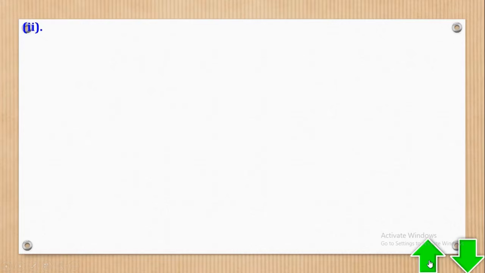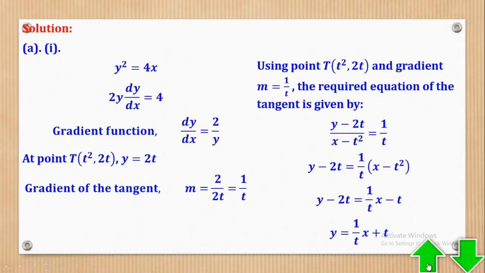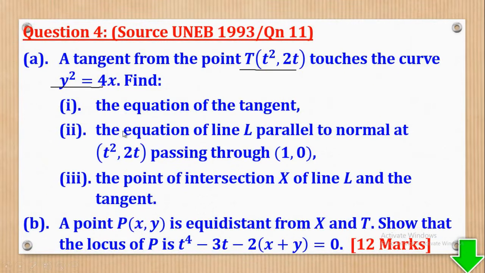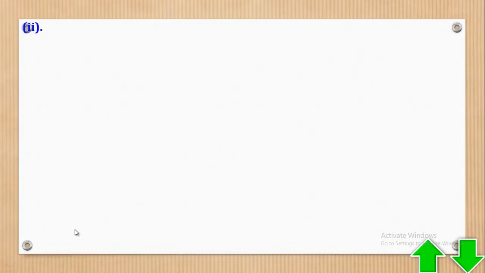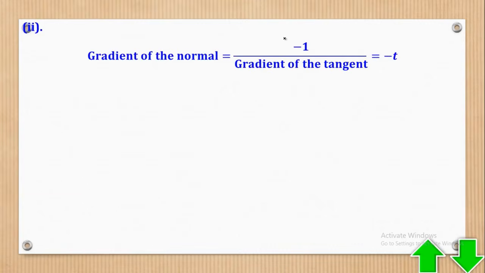So cross multiply and then simplify to make y the subject. So now we shall go to Roman 2. Roman 2 says find the equation of the line L parallel to the normal at this point and passing through (1, 0). So remember this point is the same as point capital T. Parallel lines have the same gradients, meaning that the gradient of the normal is the same as the gradient of the line L. Therefore the gradient of the normal is the negative reciprocal of the gradient of the tangent, which gives you negative t.